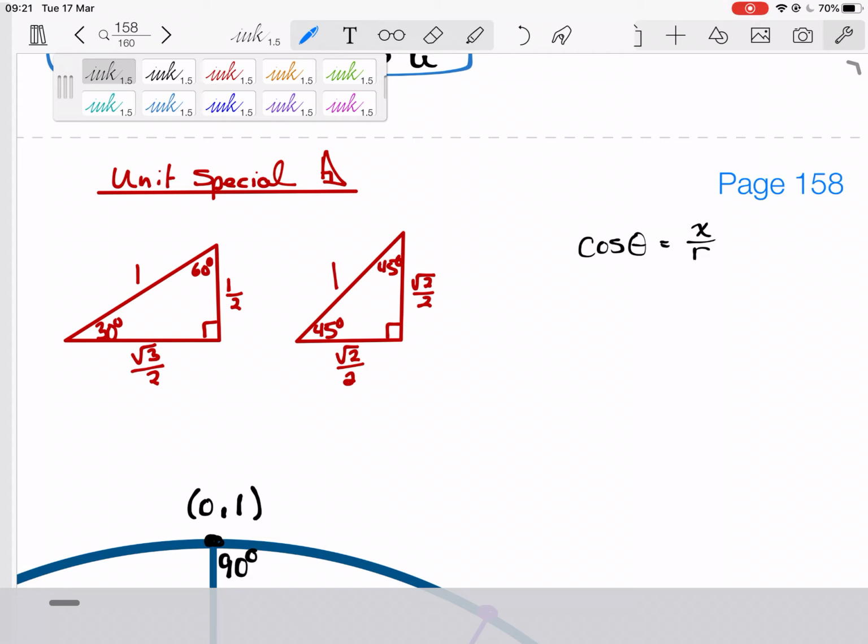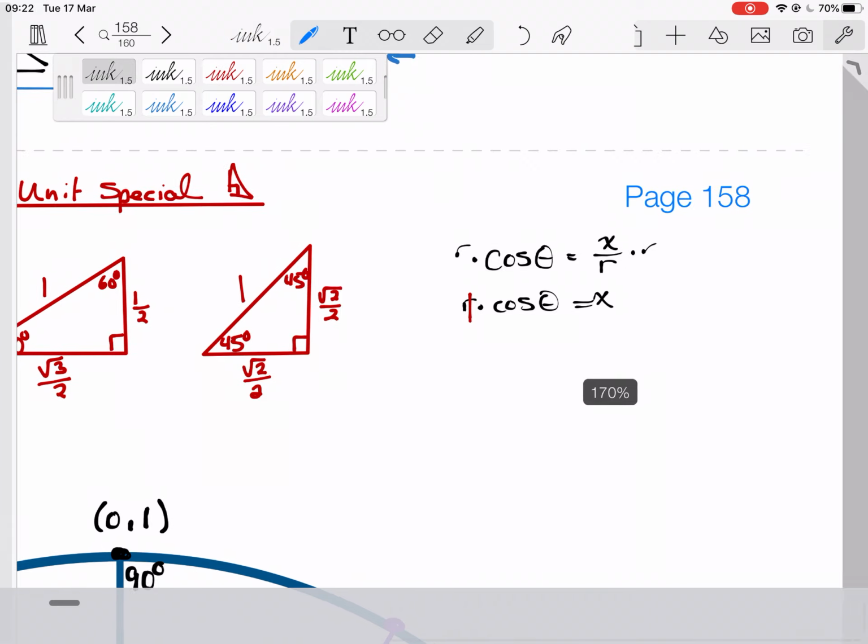So my x value, if I multiply by the r on both sides, my x is going to be equal to r times cosine. Because we're looking at the unit circle, my r is always going to be 1. So my x is just going to be cosine of whatever the angle is. So whatever my x value is, that is going to be the cosine for that angle. And then it's the same thing for the y value.